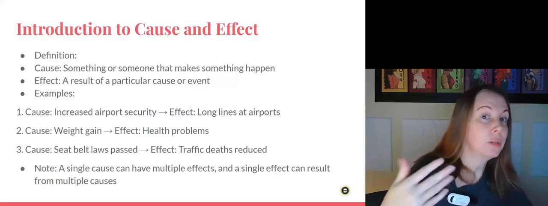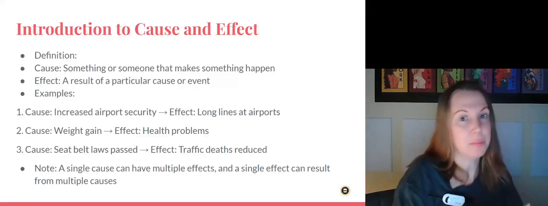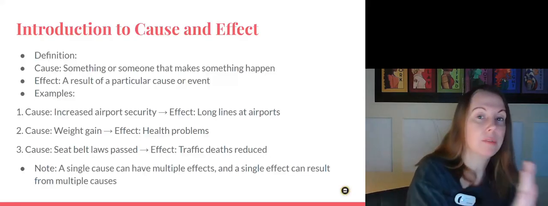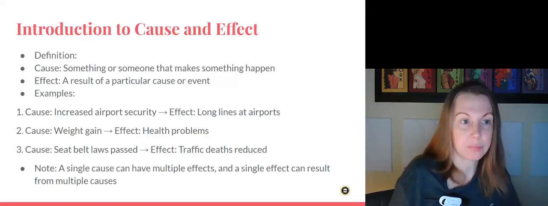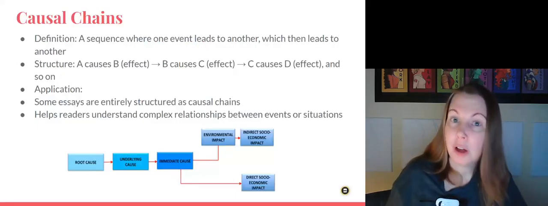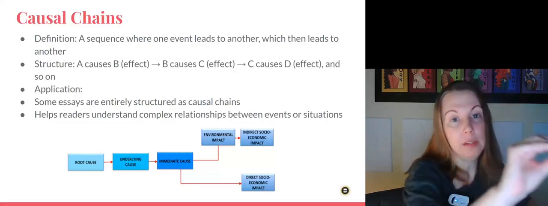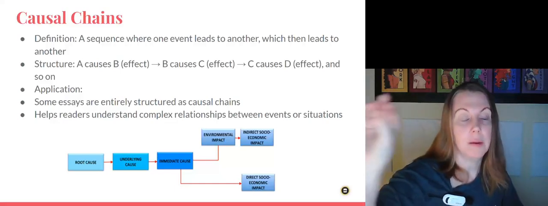As I'm going through this, you're noticing an add-on, right? Because a single cause can have multiple effects, just like a single effect can come from multiple causes. It really depends on what you're talking about. And that's where causal chains come in. That is where one sequence leads to another, to another, to another.